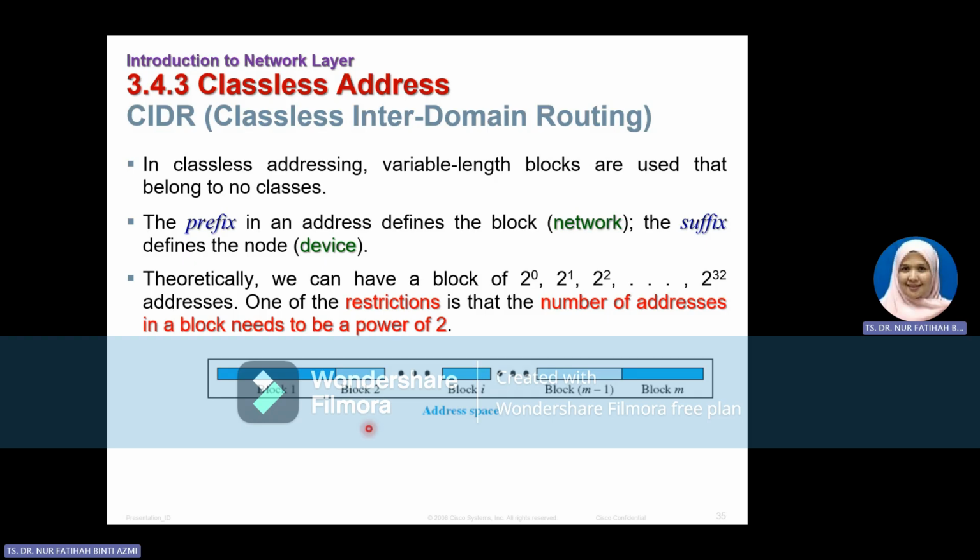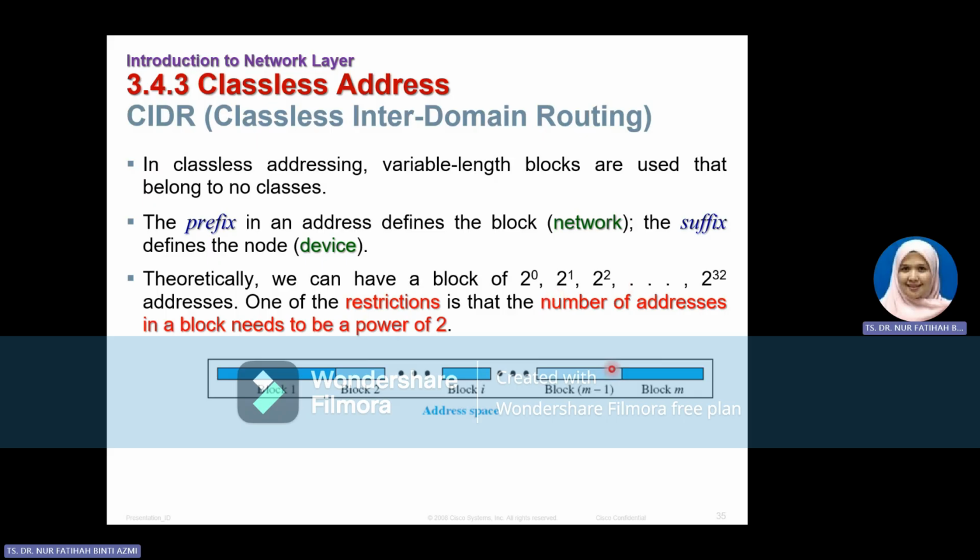Each one is a power of 2, which is a rule we must follow. The size of a block must be 2 to the power of n, for example 2, 4, 8, and so on.